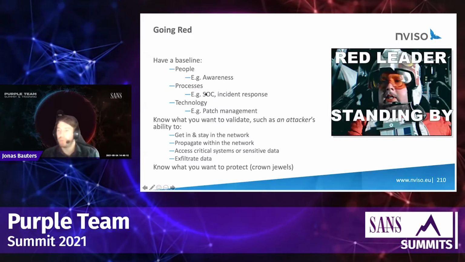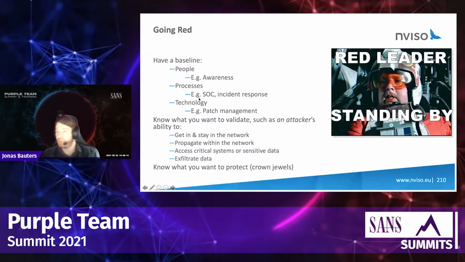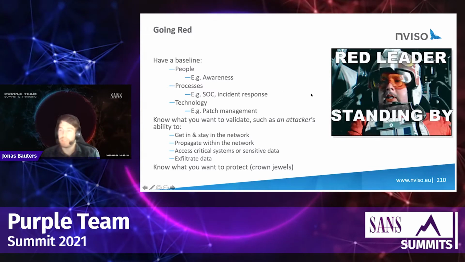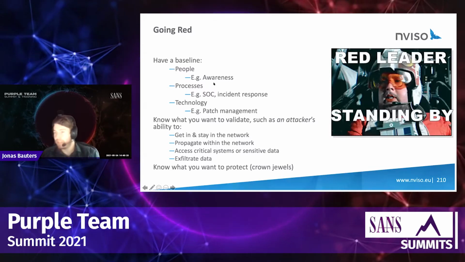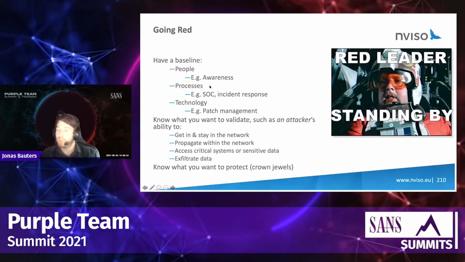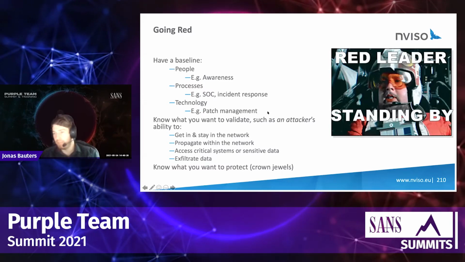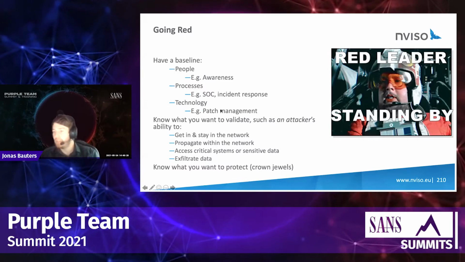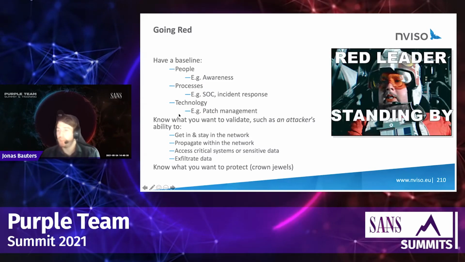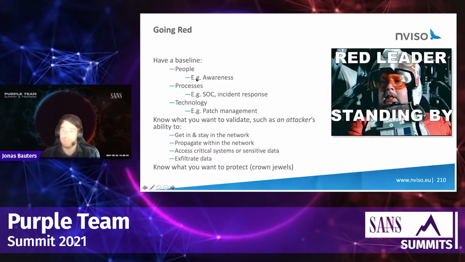Your SOC should have processes in place to deal with security alerts or incidents before moving on to red teaming. People should have a process to report phishing, for example. And then for technology, an example there is patch management, vulnerability management. So this is in terms of baseline or security baseline.